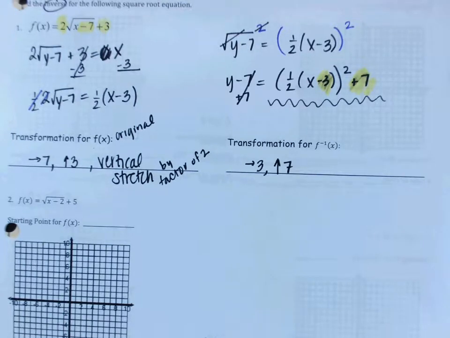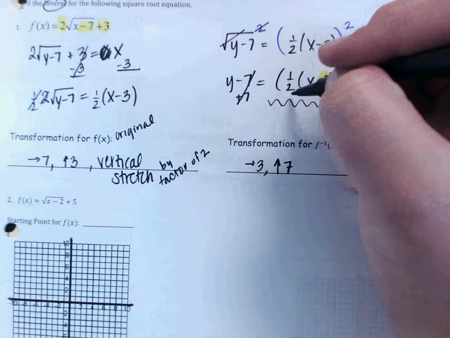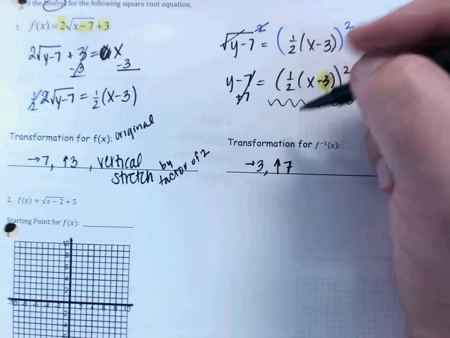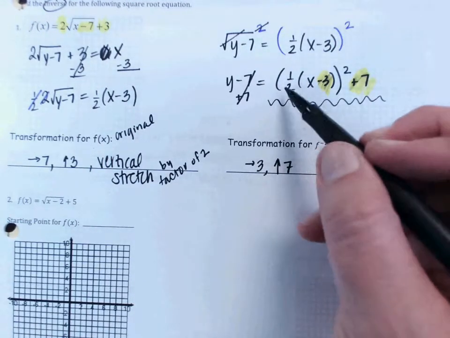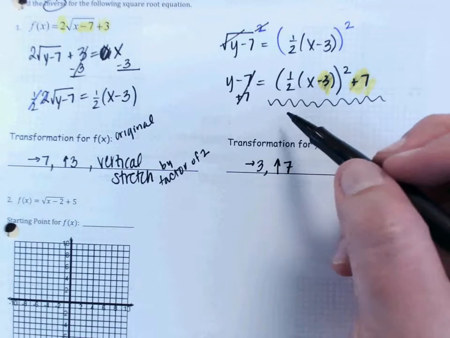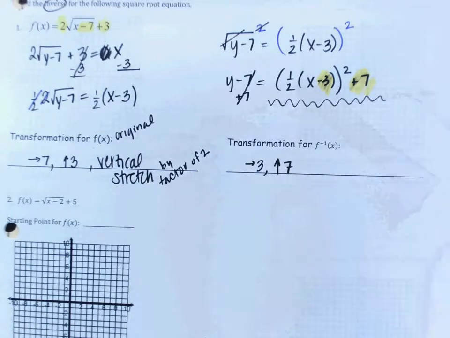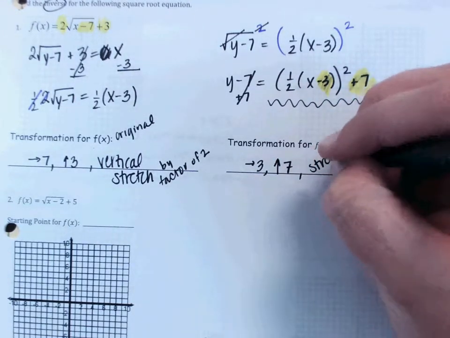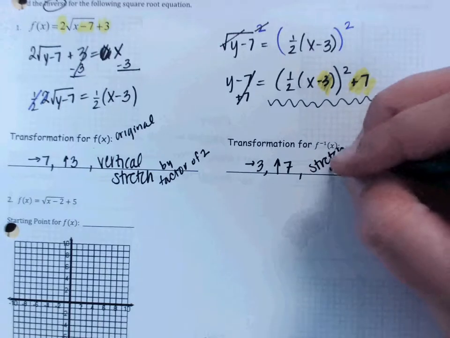If it's in the very front, it's a vertical stretch or compression. If it's on the inside, it's the opposite of what you would think. So if it's a 1/2, normally that would be a compression, but if it's on the inside, that means it's actually a stretch, by a factor of 2.